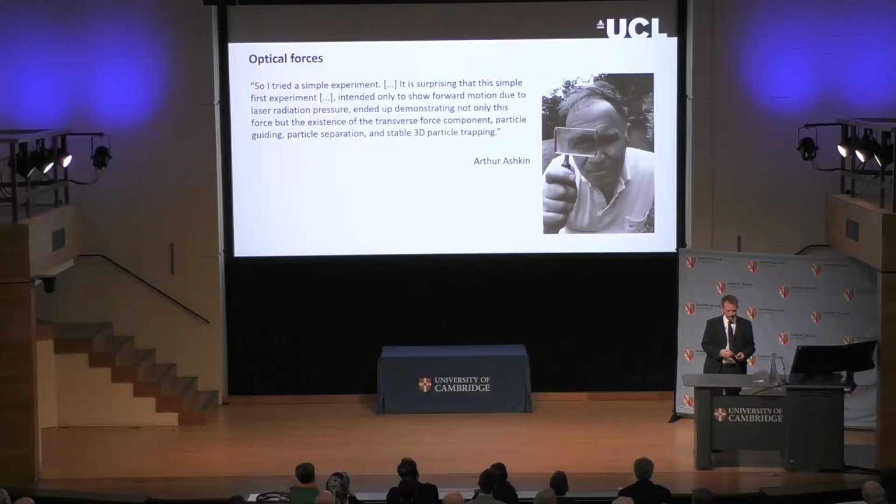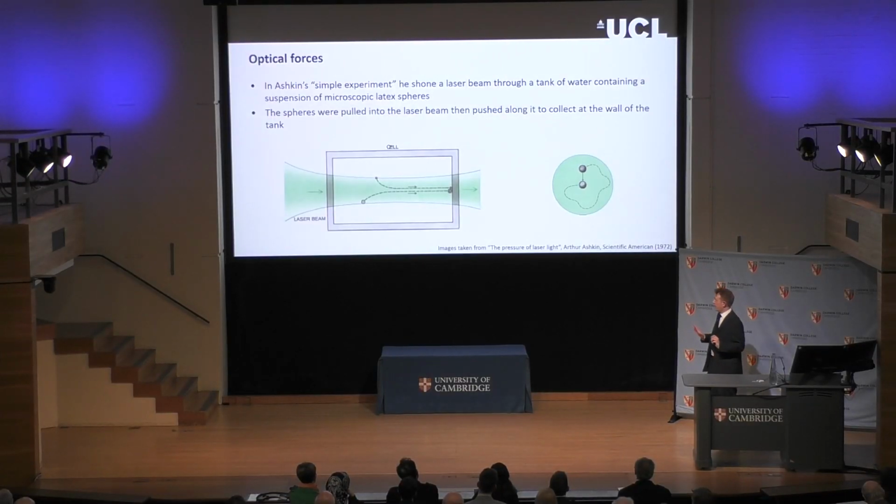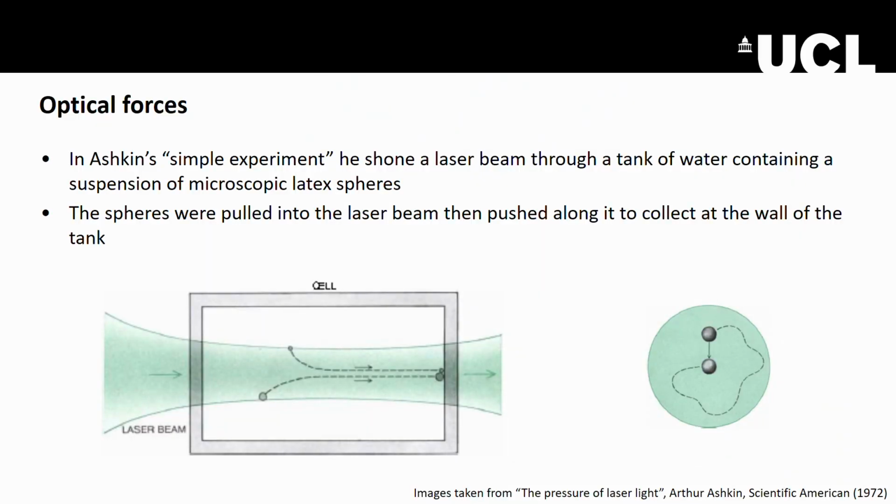This is Ashkin's simple experiment in his own drawings in an article he wrote in Scientific American, 1972, shortly after the first experiments. He had a tank, a cell, that contained water, and in that water were suspended small, transparent spheres.